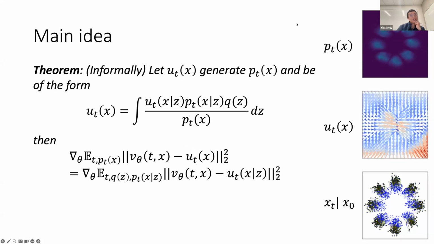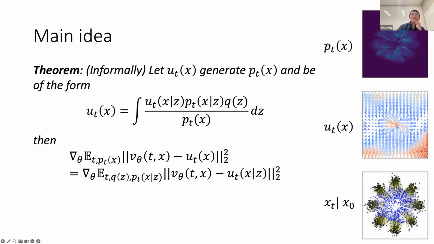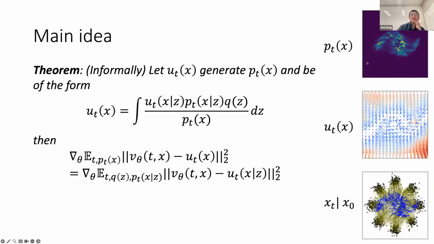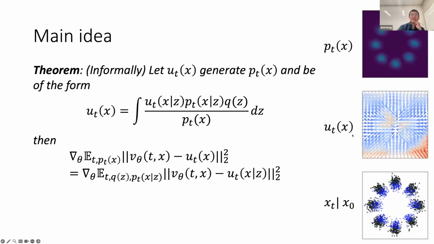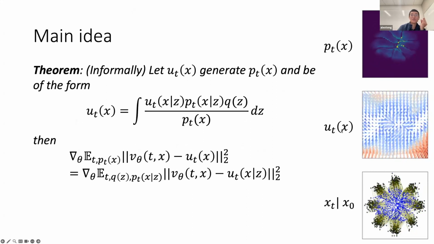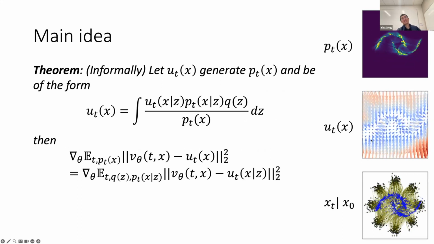So, just notation, PT is going to be the flow, the density over time. UT, we were using F before, but UT is the marginal flow in this literature.